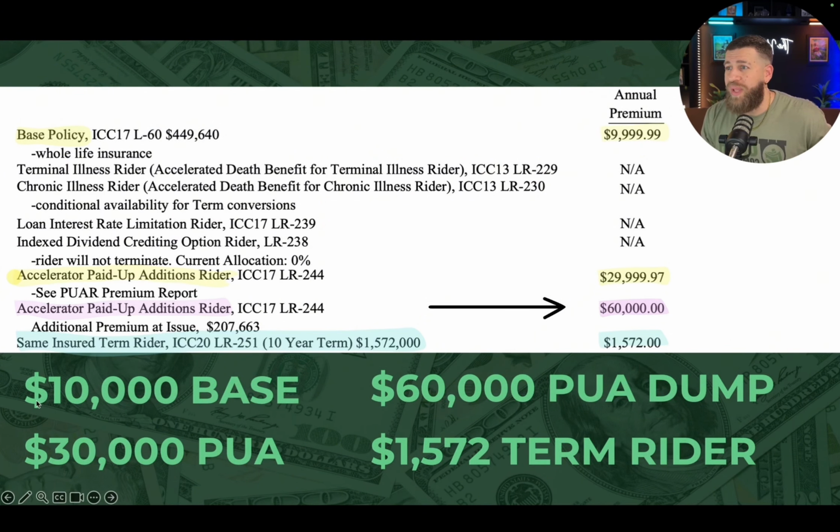So in total, we have 10,000 going into the base. We have 30,000 going into the paid up additions. We have $60,000 going into the dump in, which means the first year cash value should be around $80,000 to $85,000. You might have heard in the past that life insurance is expensive or that there are high commissions and fees. I guess that depends who you're working with and what kind of policy you're getting.